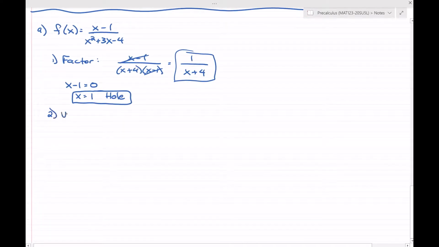Our second step is our vertical asymptote. We're going to set the denominator equal to 0. So we get x is negative 4. We can start graphing this.